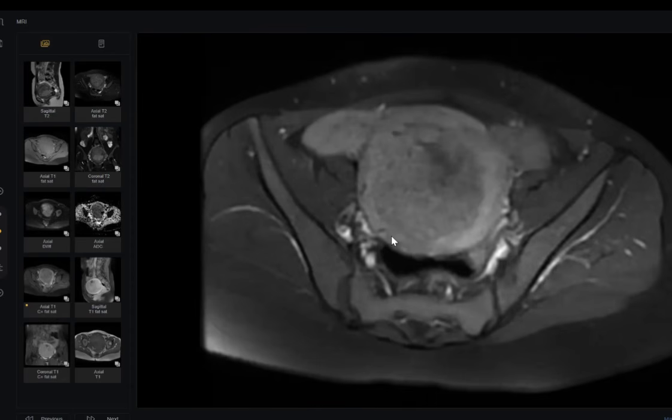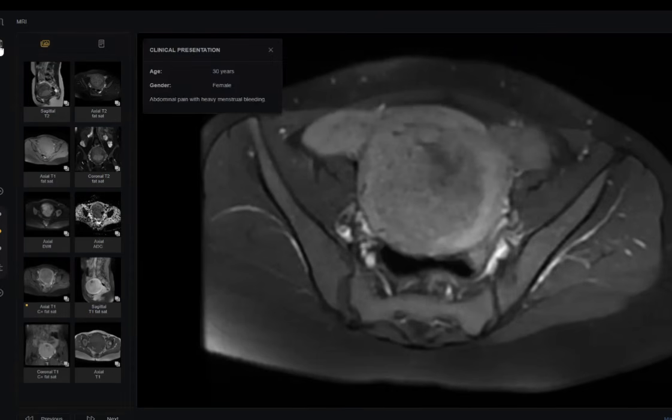In this age group, we can tell the examiner, doctor, it looks like endometrial malignancy. If this patient were over 50 or 60, I could put endometrial carcinoma as my first differential diagnosis. But this patient is 30.